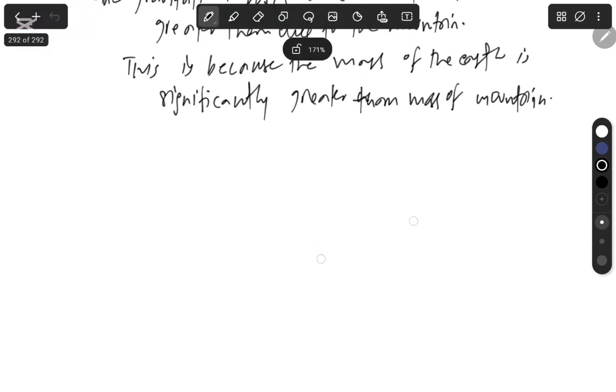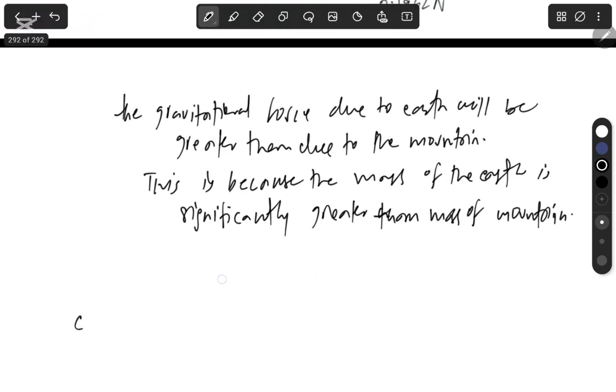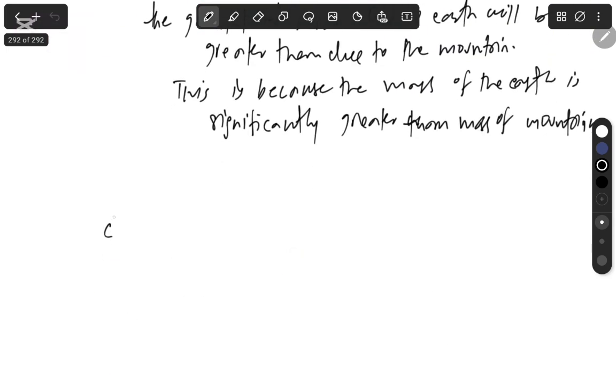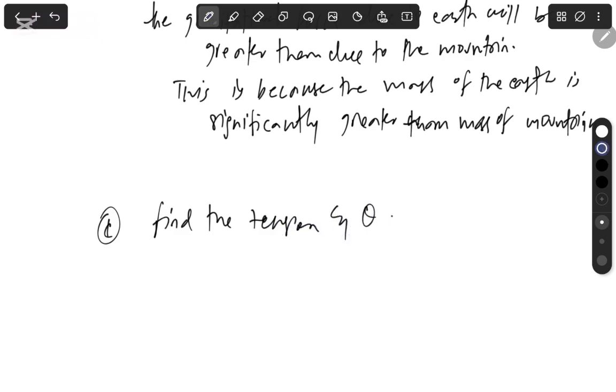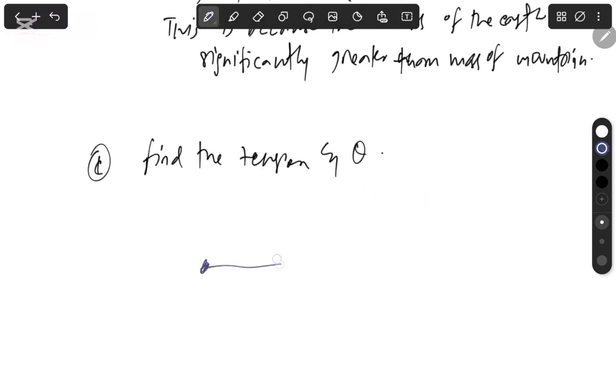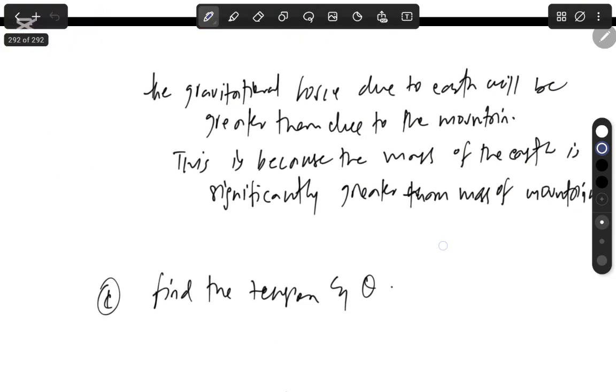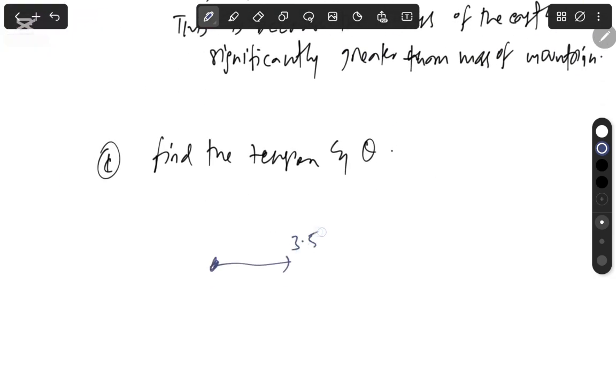Now, I'm going to make up another part, part D. Part D says find the tension and theta. So we have the mass here. This force was given to us as 3.52 times 10 to the power of minus 6 newtons.